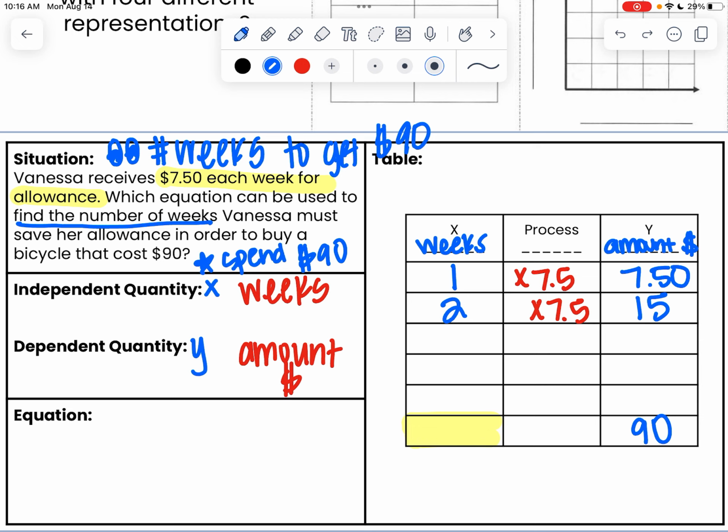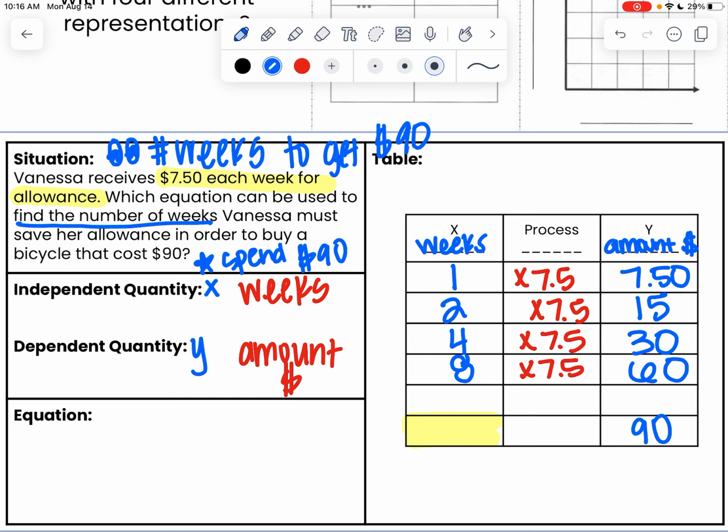But I see if 2 weeks is $15, then 4 weeks must be $30. And if 4 weeks is $30, then 8 weeks must be $60. And I notice that my multiplicative rule of multiplying by 7.5 across still works.